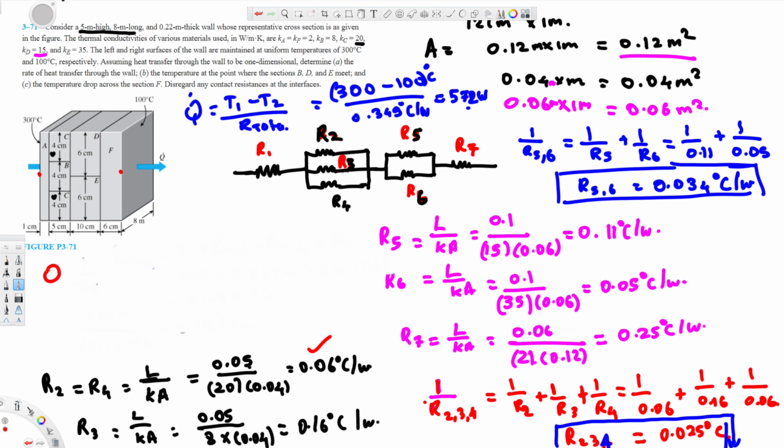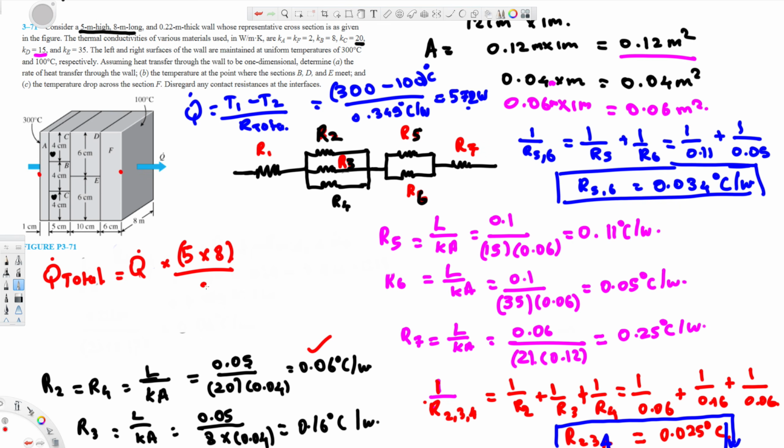Not R total, Q dot total, heat transfer rate total, is going to be the Q dot we calculated, times the total area, that is 5 times 8, times the area we used, that is 12 centimeter, that is 0.12 meter square.